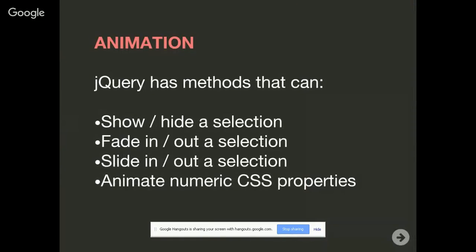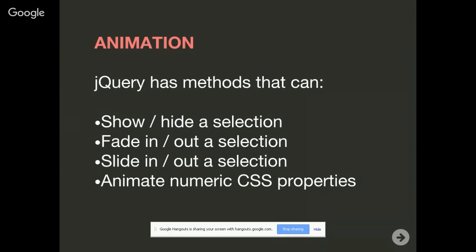You can also do effects with jQuery, such as the show method and the hide method. I think we did some of these examples last time, right? And also you can animate numeric CSS properties. So any property that is expressed as a number, let's say you have a div with the dimensions 300 by 400. You can animate it so that as it shows up on the screen, it becomes, let's say, 800 by 1000.